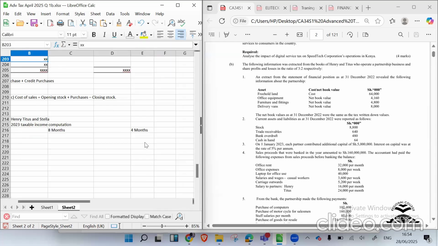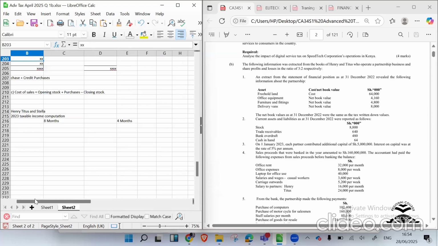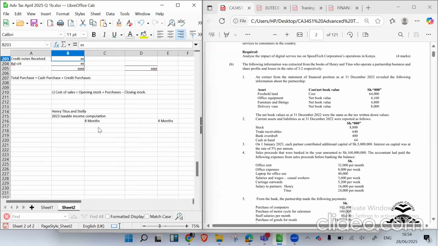So 8 months wako na biashara inaendelea na tuko na 4 months.